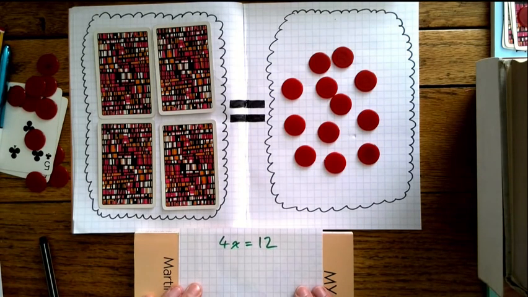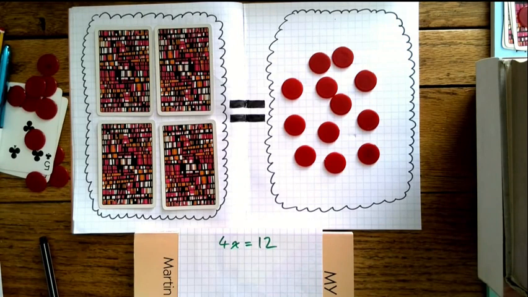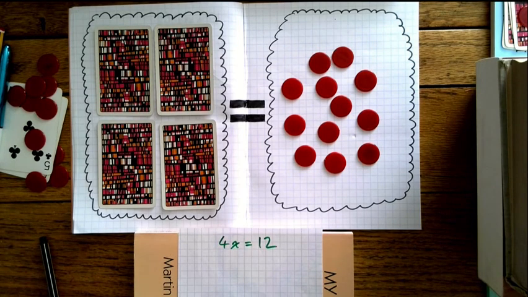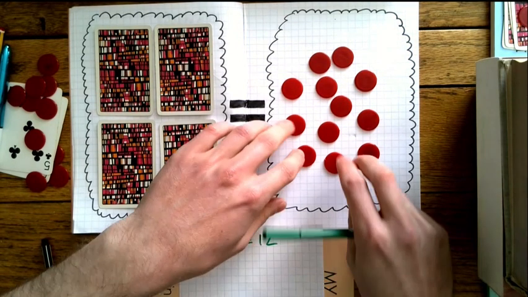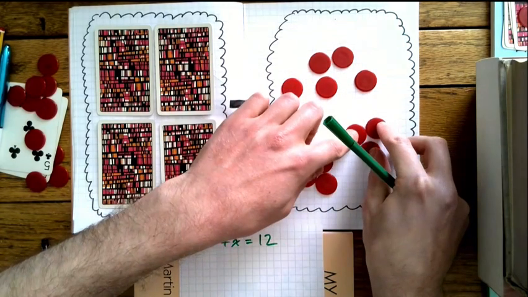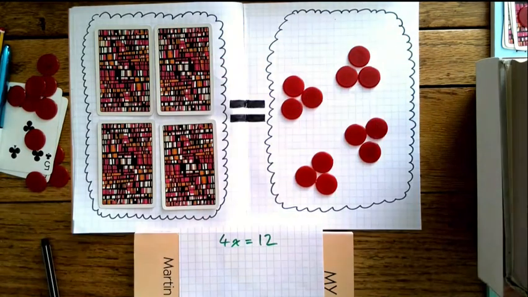Now just take a moment to see if you can figure out what number is going to be on each of these cards when I flip them over. Again, that one shouldn't be too hard. 4 lots of a number is 12. Well, 4 lots of 3 is 12.